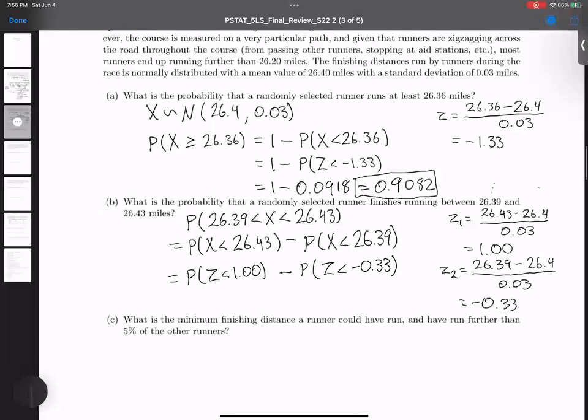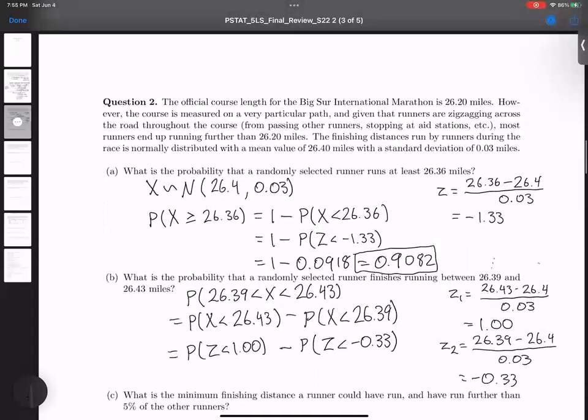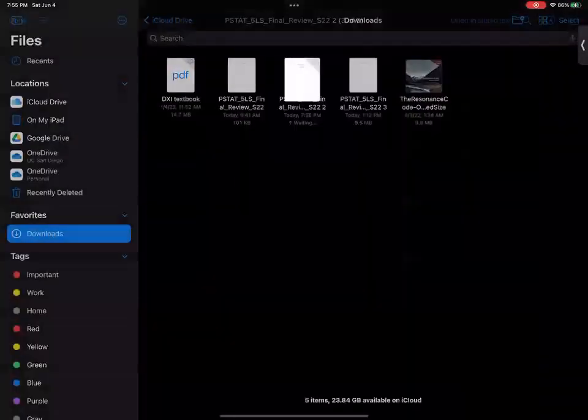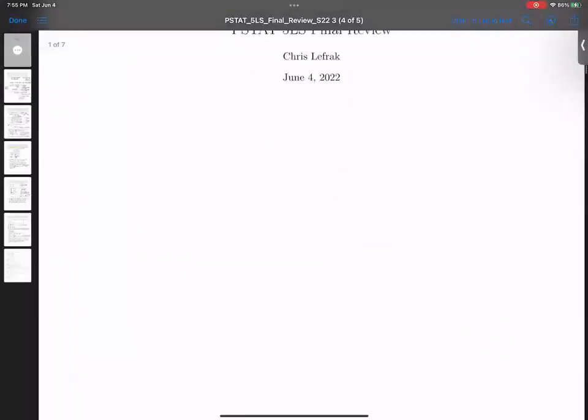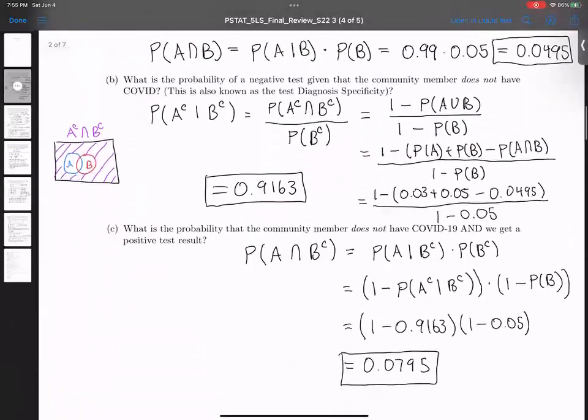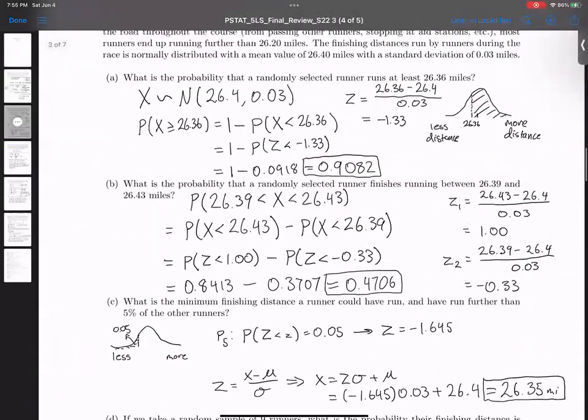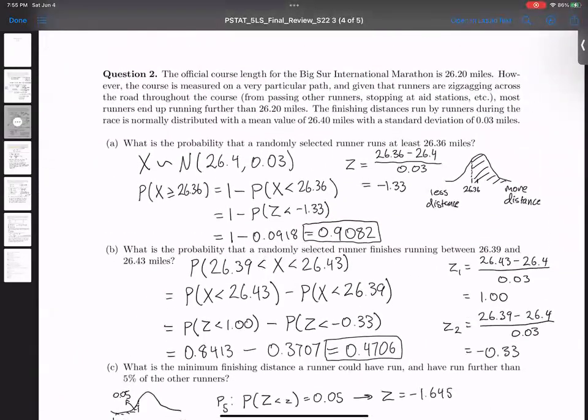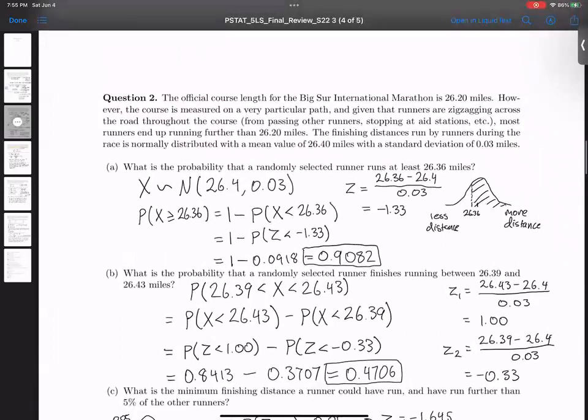And again, we have to look, didn't really realize I was gonna have to be switching so often back and forth. But yeah, we have 0.8413 minus 0.3707.